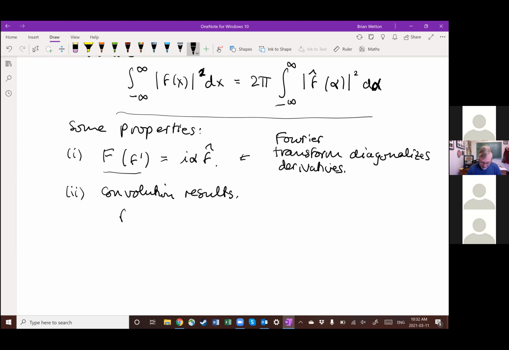Okay, so here's what a convolution is. This is defined to be the integral from minus infinity to infinity of f of x minus s times g of s ds.